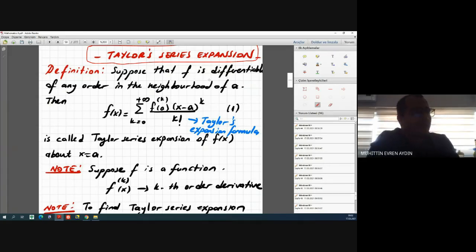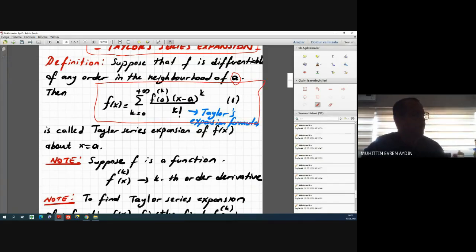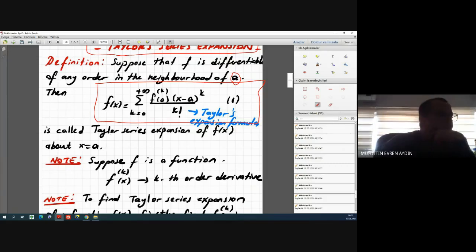Suppose that f is a differentiable function of any order in the neighborhood of a point a, then this power series is called the Taylor series expansion of f of x about x equal to a.